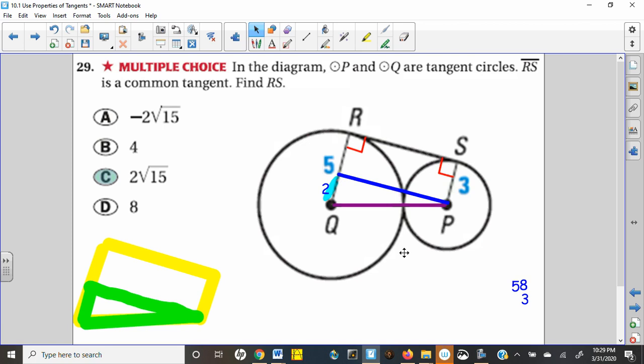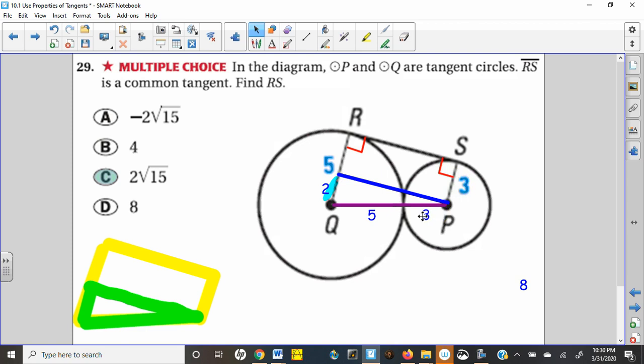But I also know that every radius in a circle is congruent to every other radius. So if QR is 5, that means every other radius, including Q to this tangent point, is 5. And, oh, and guess what? P to this tangent point is 3, because every radius in this circle is 3.